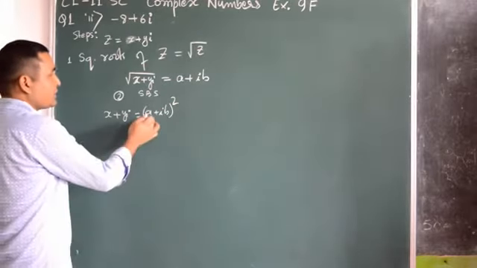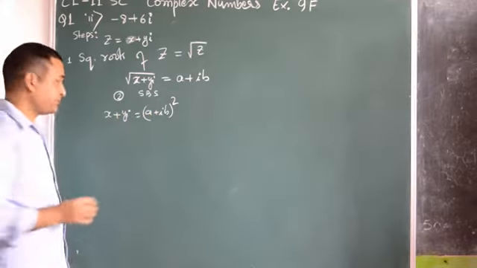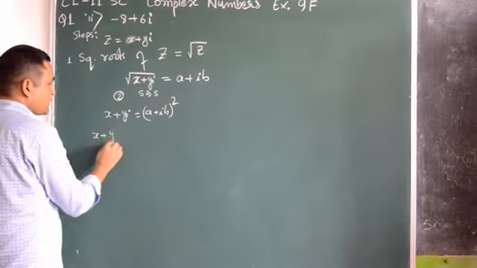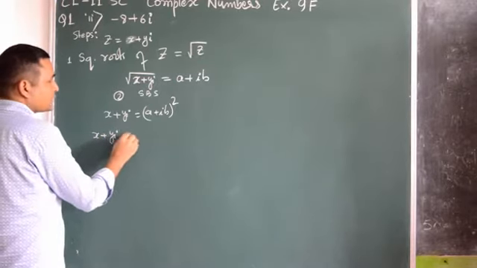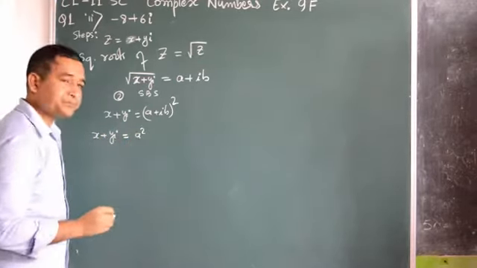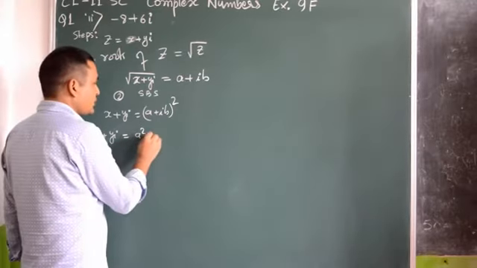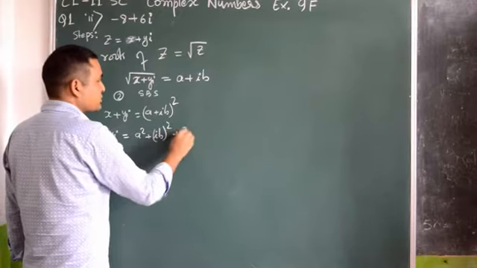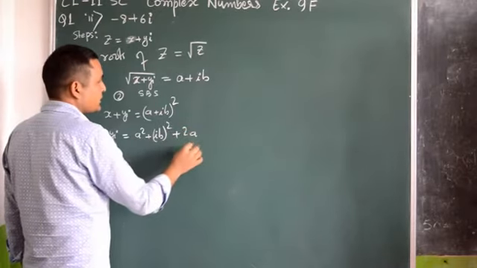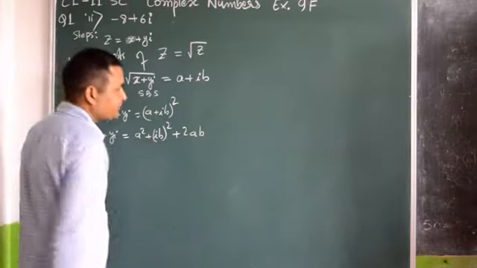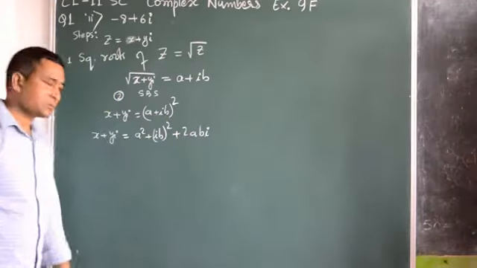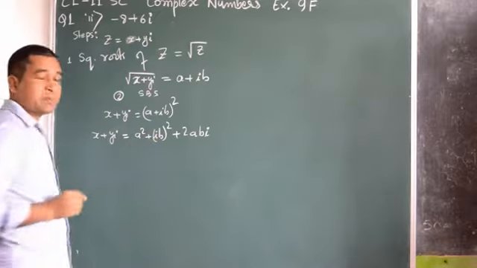Then use the (a plus b) whole square formula. Now x plus iy equals a square plus b square plus 2abi, i is there. Then i square means minus 1.